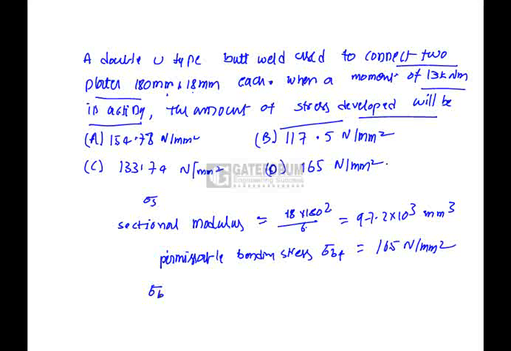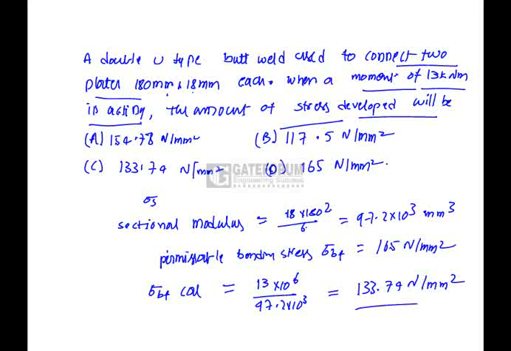Sigma bf calculated, the bending moment is 13 into 10 to the power of 6 divided by 97.2 into 10 to the power of 3, that is equal to 133.74 newton per millimeter square. This is the amount of stress that is developed in this butt weld.